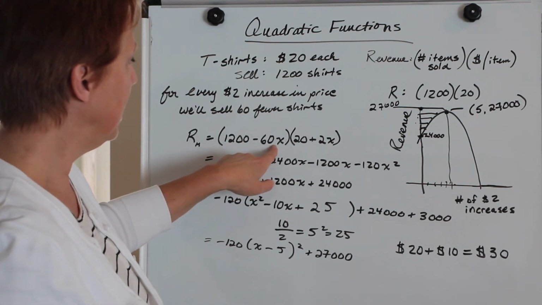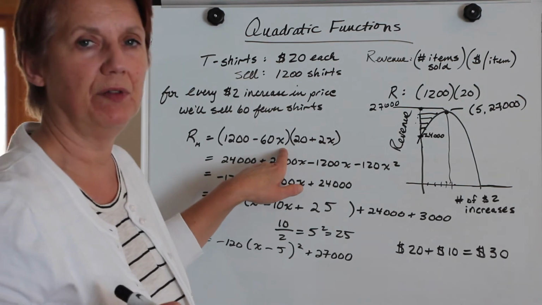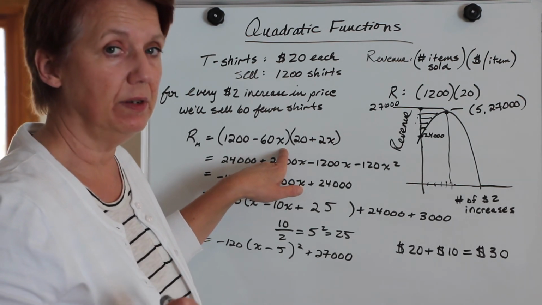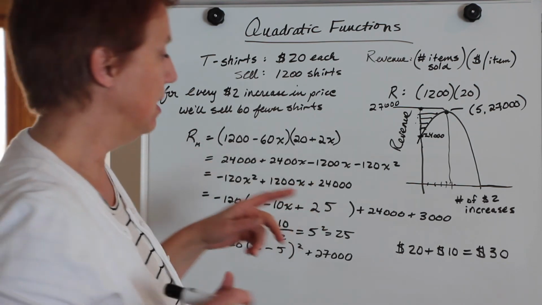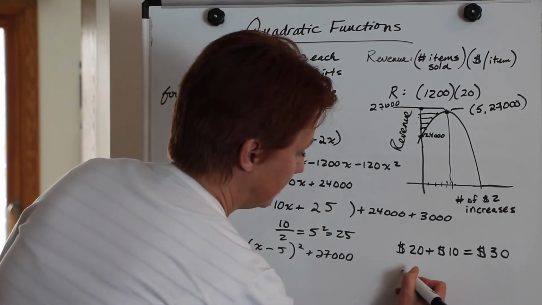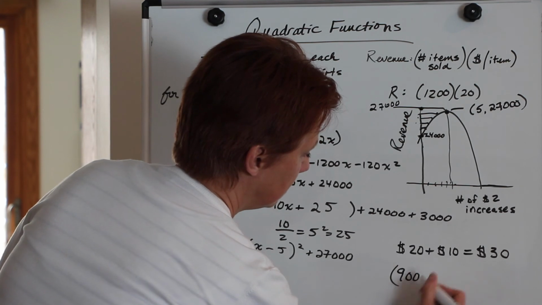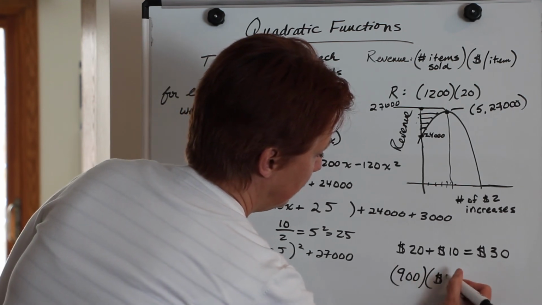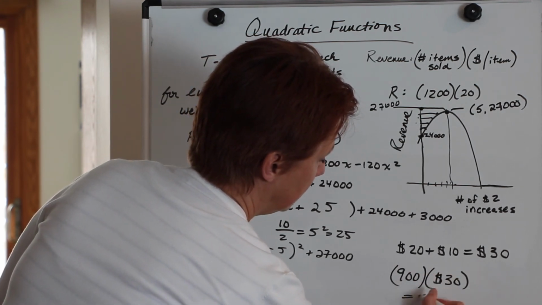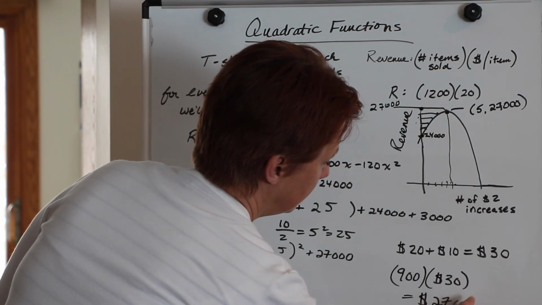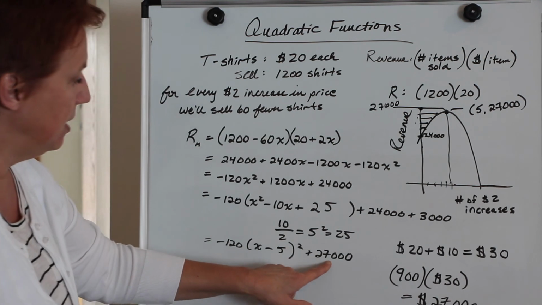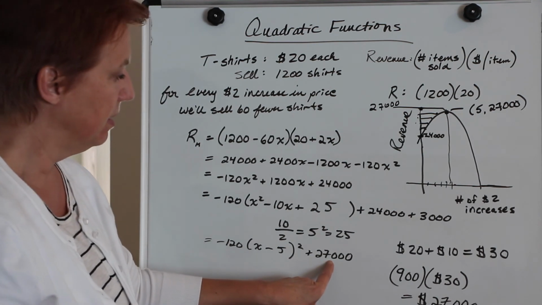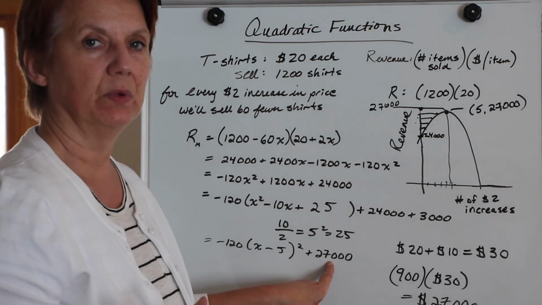So 1200 minus 60 times 5 is 1200 minus 300. 60 times 5 is 300. 1200 minus 300 is 900. So we're going to sell 900 shirts at $30 each. And that's going to give us revenue of 27,000. And if that's not the number that you see here, then something's gone wrong.